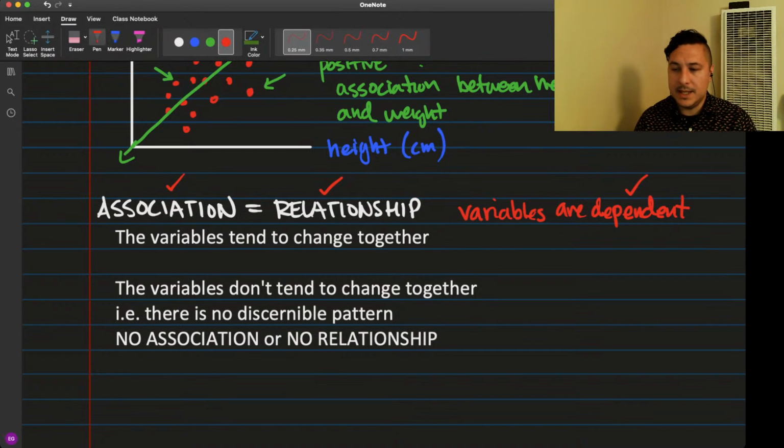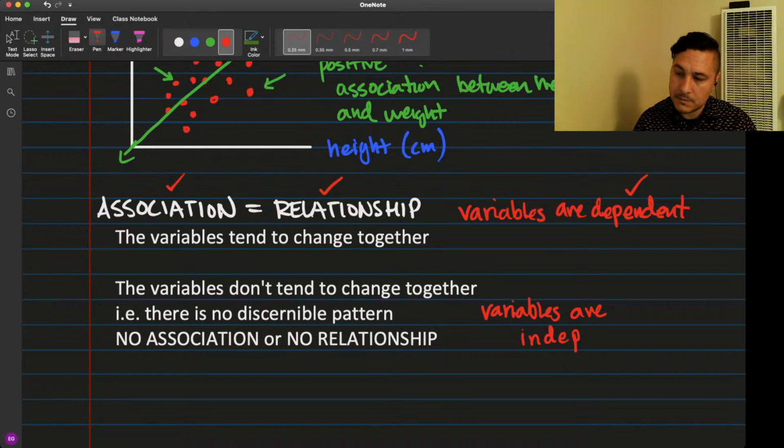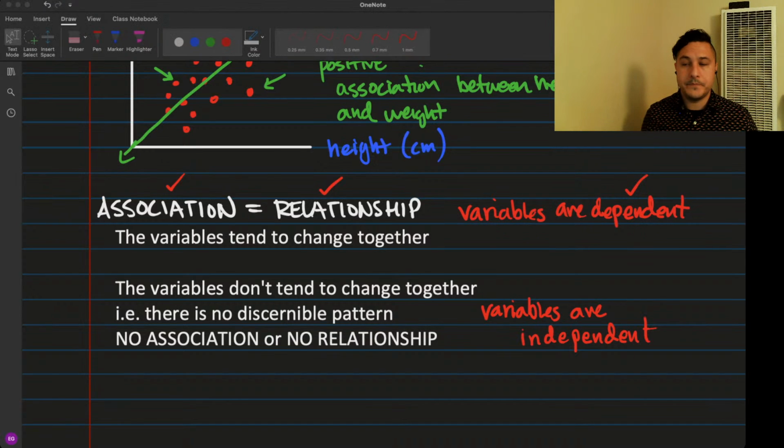In that case, we say that the variables are independent. Either there's some sort of relationship and there's a positive or negative association, or there seems to be no connection between the 2. We would say that those variables are independent. And I'll show you what that looks like in a second.